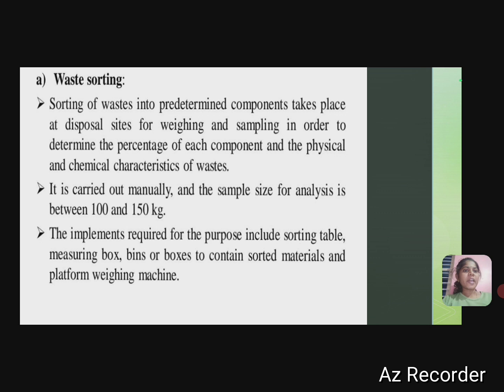It is carried out manually and the sample size for the analysis is between 100 and 150 kg. The implements required for the purpose include a sorting table, measuring box, bins to contain the sorted materials, and platform winnowing machines.